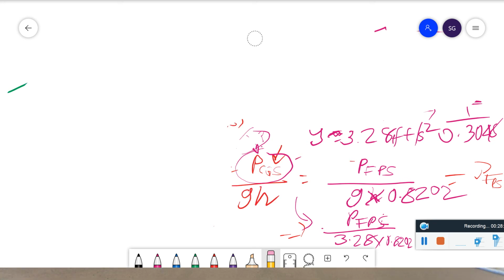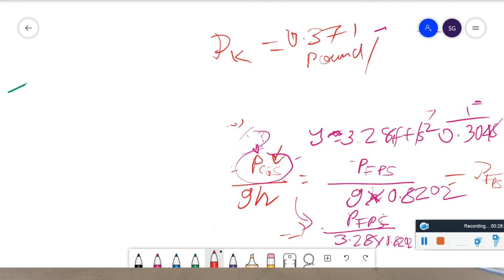That is, rho is equal to rho kerosene, that is given. It is 0.371 pounds per square feet.